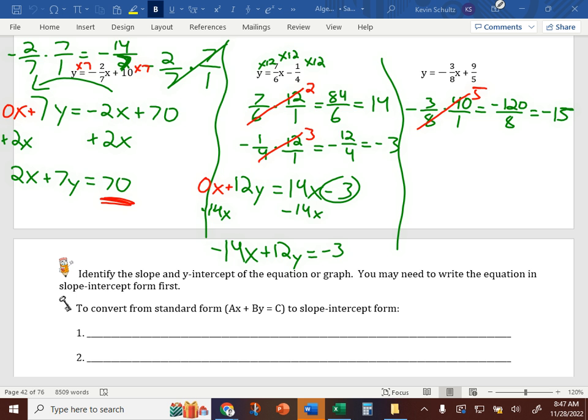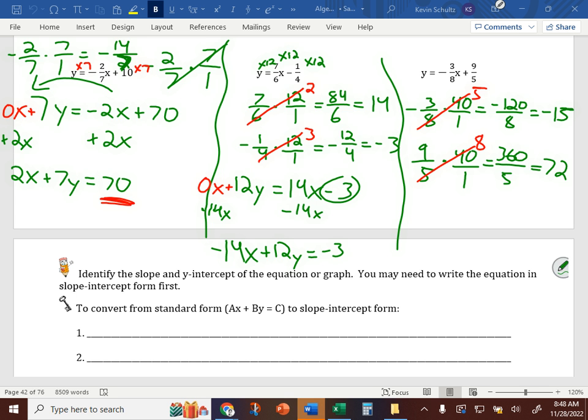Okay? 9/5 times 40 gives you 360 over 5, which is the same as what? 72. Again, we've achieved the goal of eliminating those fractions. If you multiply by canceling out, 40 divided by 5 is 8. 9 times 8 gives us that 72 there also.